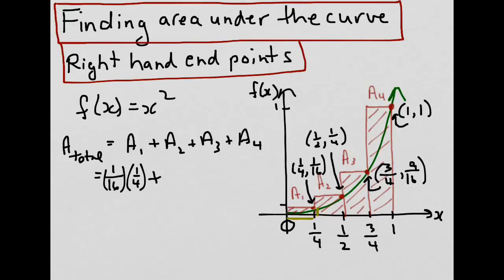And for rectangle 2, the length would be this distance and the width would be this distance. So our area for rectangle 2 would be 1/4 times 1/4. And for rectangle 3, our area would be this distance here times this distance here, which would be 9/16 times 1/4.